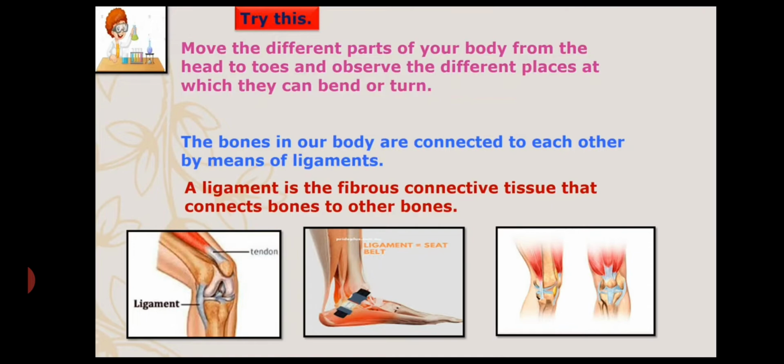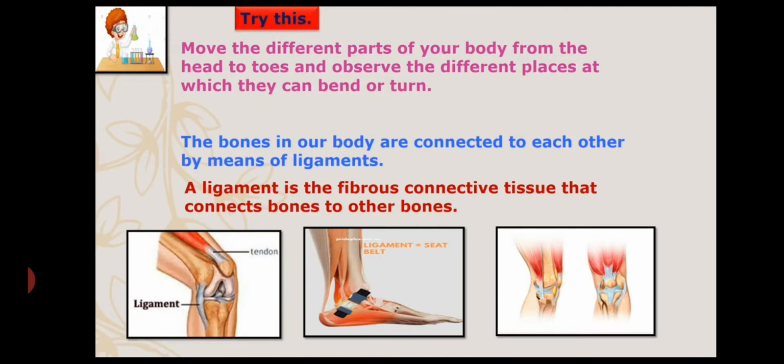It is as small as a grain of rice and is hollow. Hollow means it's empty from inside. Its shape is like that of a stirrup. In the human body, the longest and strongest bone is the thigh bone or the femur.